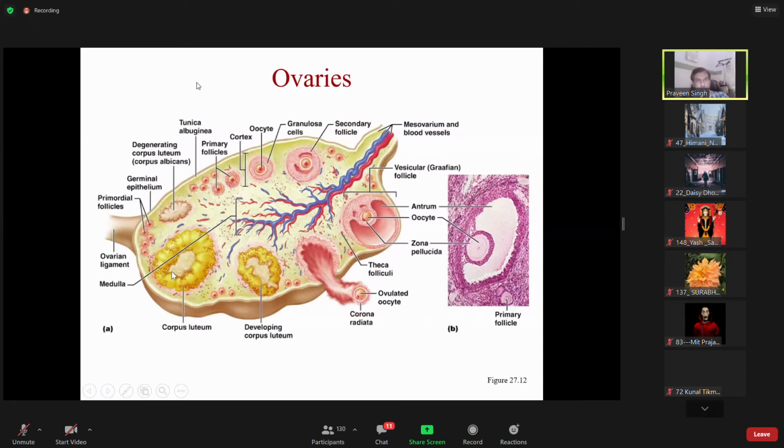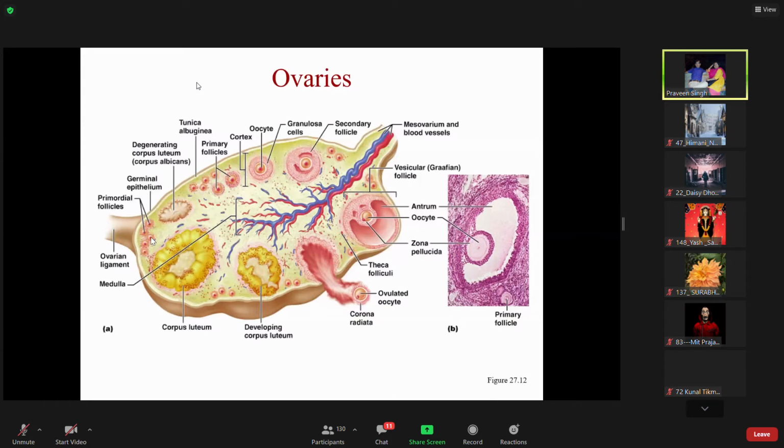Then the corpus luteum will degenerate and form the corpus albicans. The light has gone here, so that is why I am stopping my video, but you will be able to hear the lecture. When the light comes, I will put it on again. So this is the ovarian cycle.